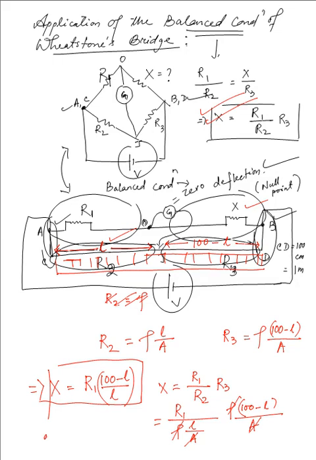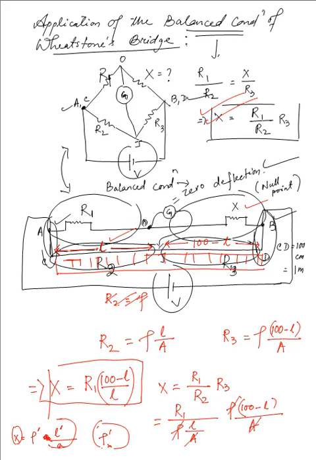let it be, suppose, small a as I write over here, so X will be some resistivity rho dash, some different resistivity maybe, rho dash into its length, which is supposedly L dash, divided by A, being its area of cross section. So from that, with these known values and this value obtained from this meter bridge, you can obtain the resistivity of X, and that is how you obtain the resistivity of a given wire.